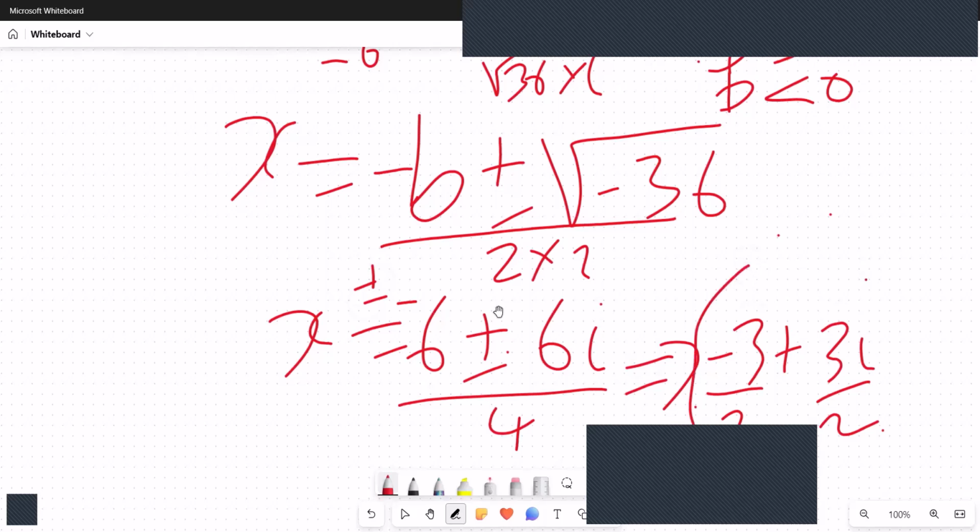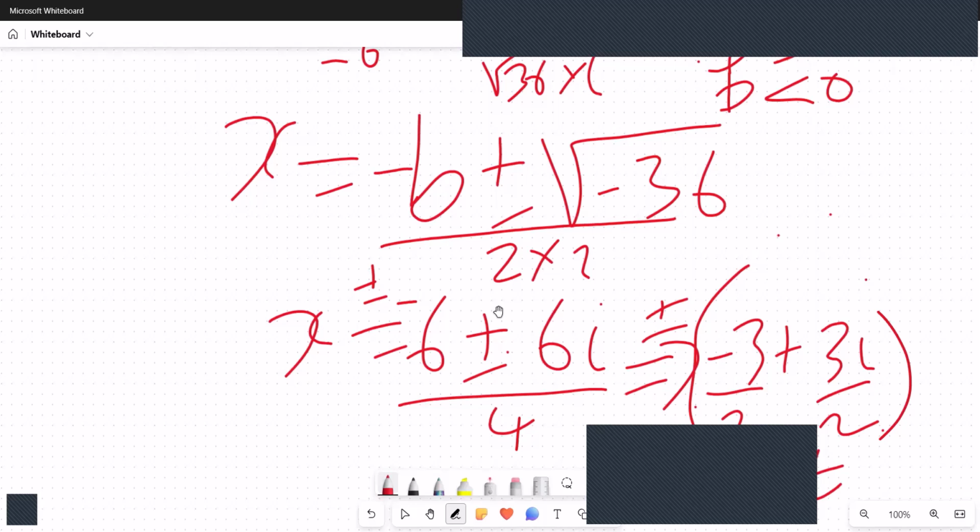So we have negative 3 over 2 plus 3i over 2, or negative 3 over 2 minus 3i over 2. Two solutions. So one is a real solution, the other two are imaginary.